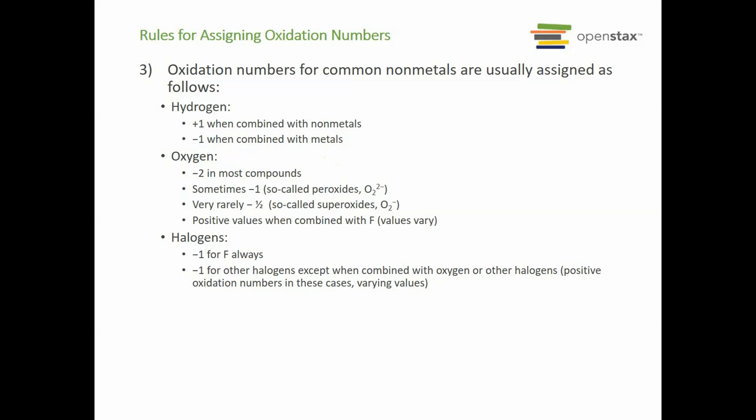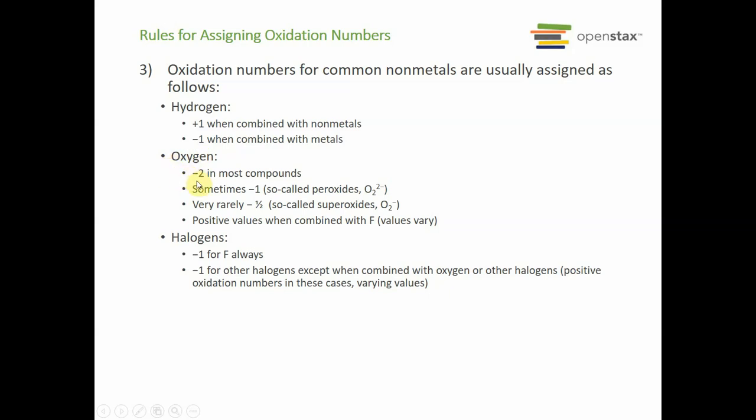These are compounds with the names of hydrides, like lithium aluminum hydride and sodium hydride. But this is the more common situation that we're going to be encountering, where we're going to be considering hydrogen as having a +1 oxidation number when it's in a compound.